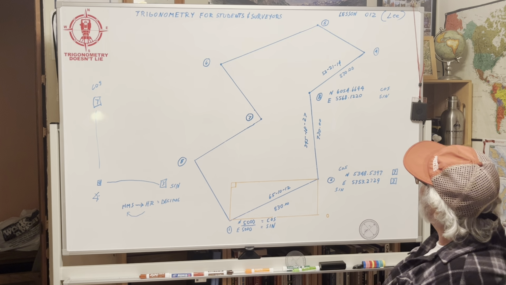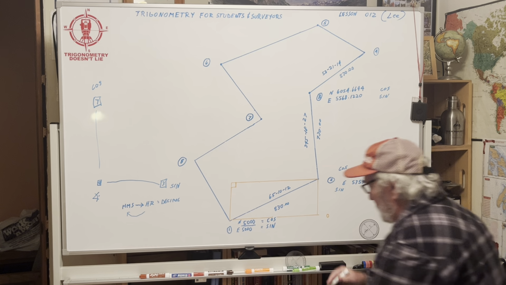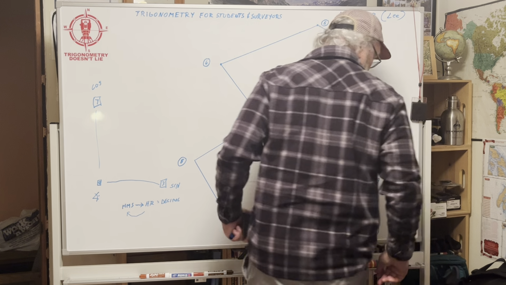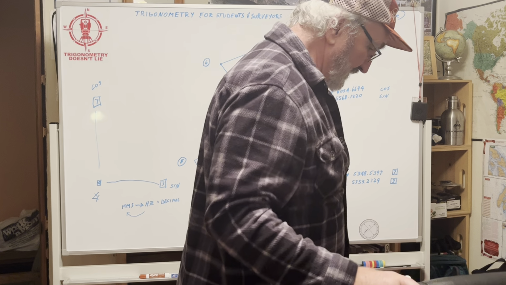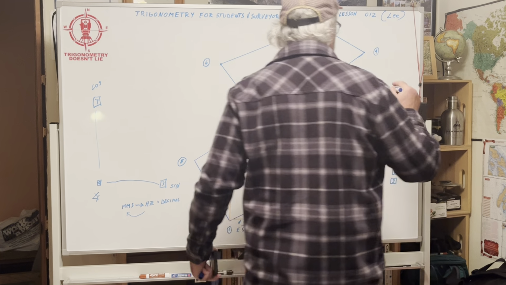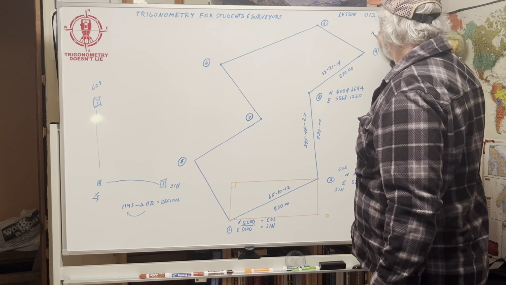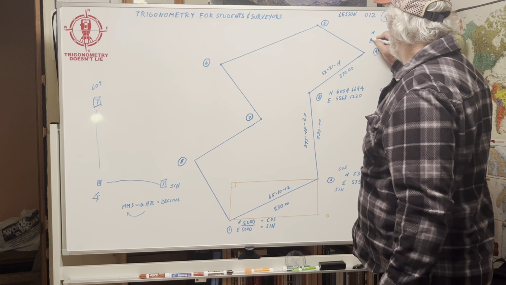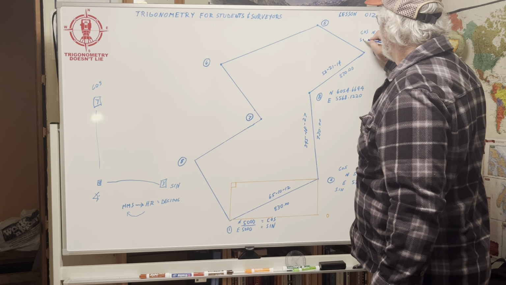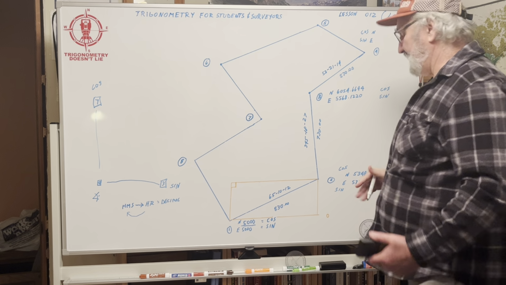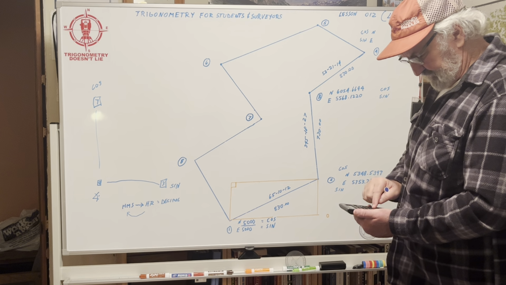So 52, now we want to go with cosine. And we're going to go up here. We'll go northing, easting, call that cosine and sine. So we're going to recall that angle, and then we're going to go cosine.